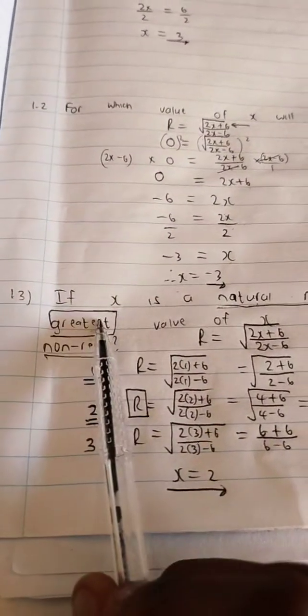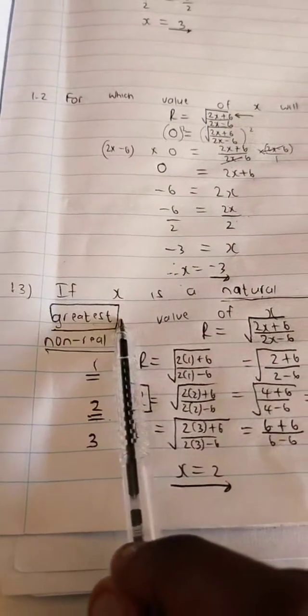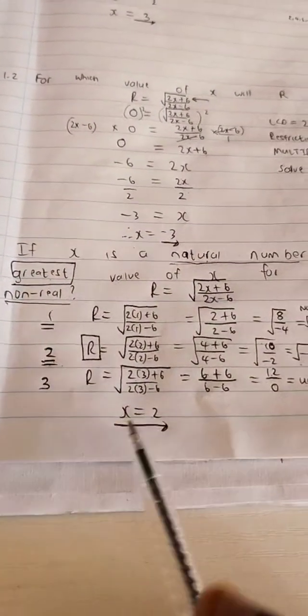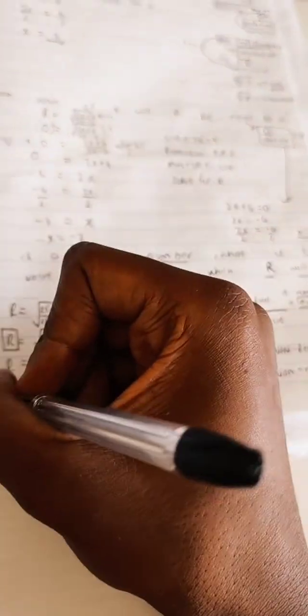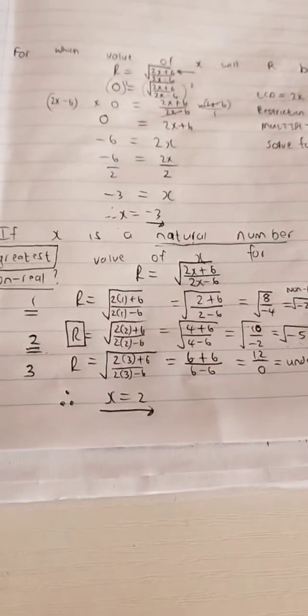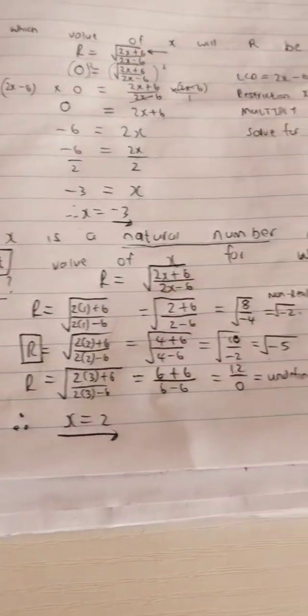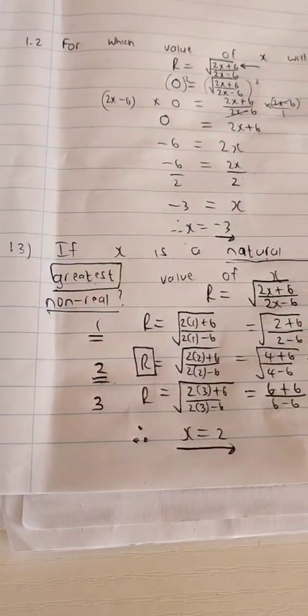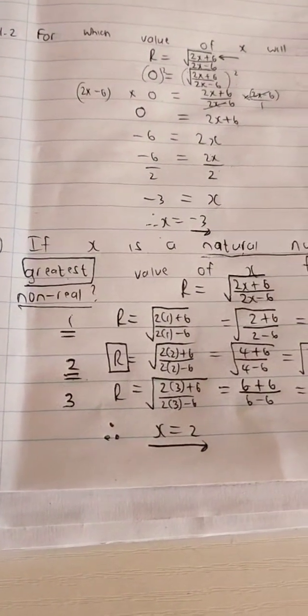But because they are saying, if x is a natural number, what is the greatest, we then said x is equal to 2. We conclude that therefore x is equal to 2. So by mere trial and error in this particular question, we were able to arrive at the answer.